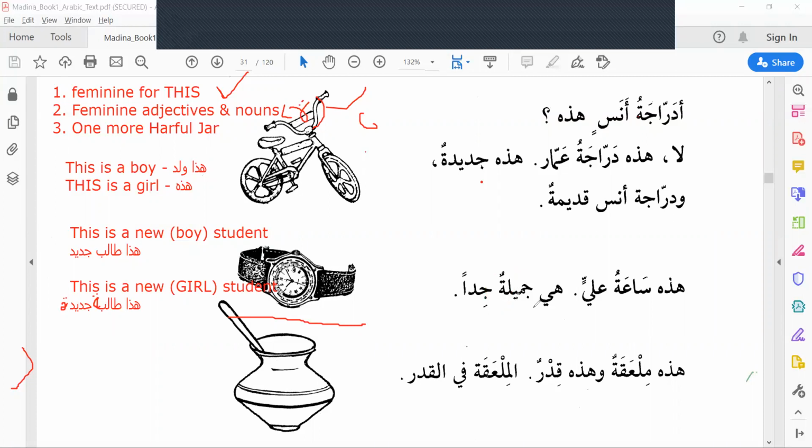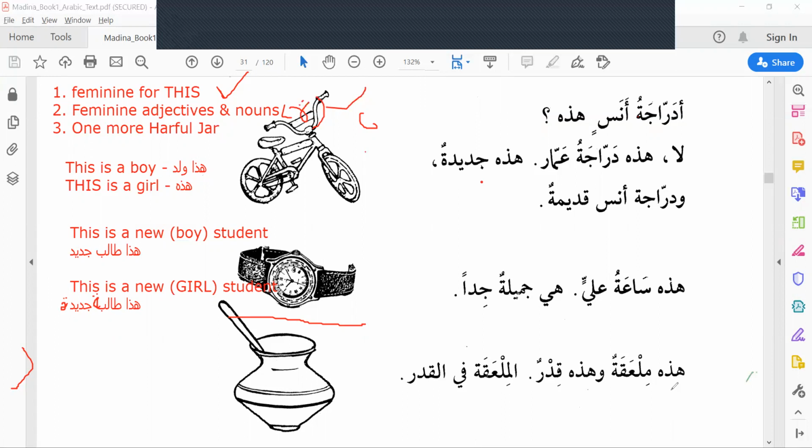But when we read with a stop, we put the sukun, so Jamila, Tawila, whatever is ending with the ha is actually a ta. Here jamilatun jiddan. It is very beautiful.